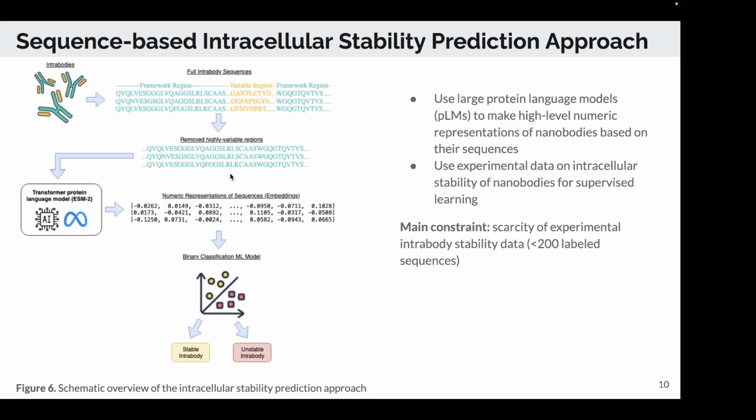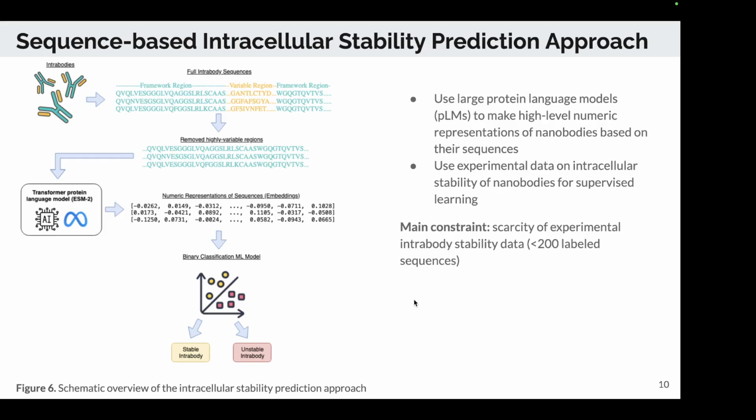with those cut sequences, which we then input to transformer protein language models, whose architecture is similar to large language models, but which were trained on billions of proteins and learned sort of evolutionary rules of how proteins are made. And then we can use embeddings from those models to build classification machine learning models, which help us to classify intrabodies as either stable or unstable.